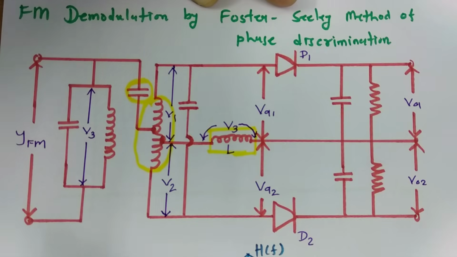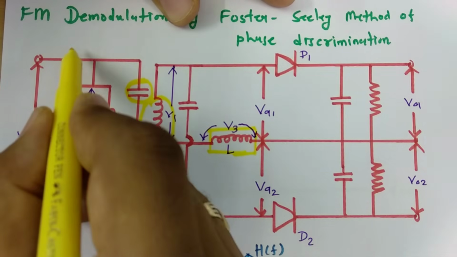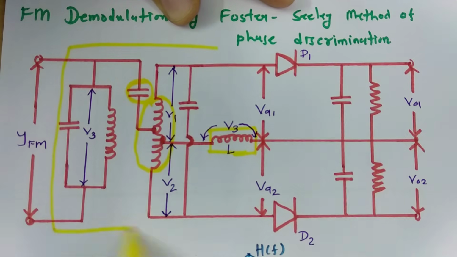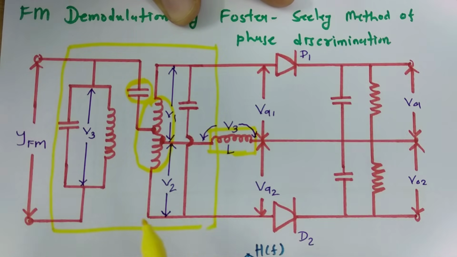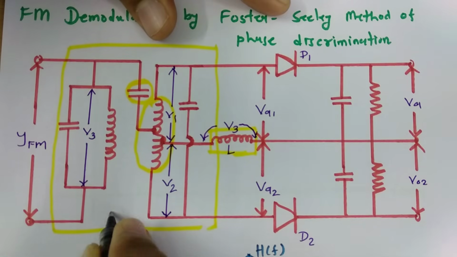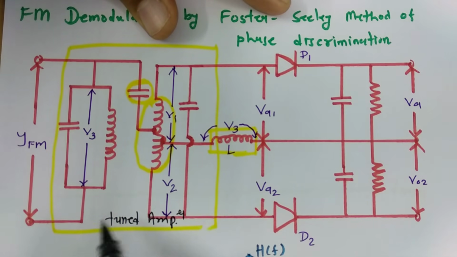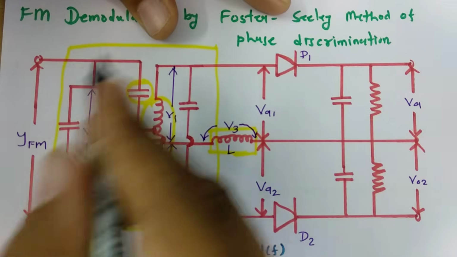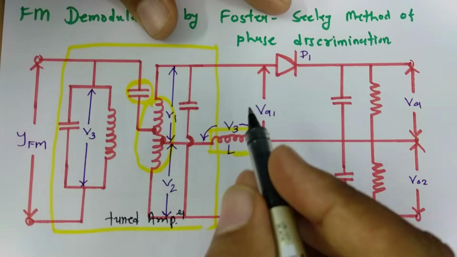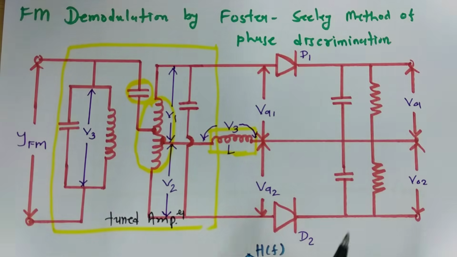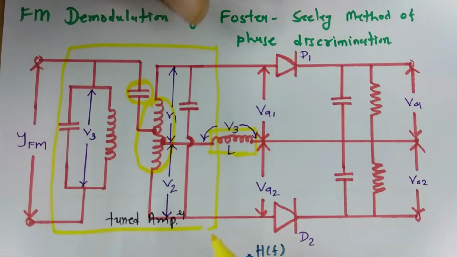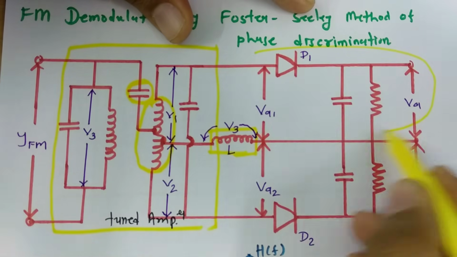Now when we talk about its working, this circuit functions as a tuned amplifier. This circuit results in the phi of AM signal over here, where one can see two slope detections.